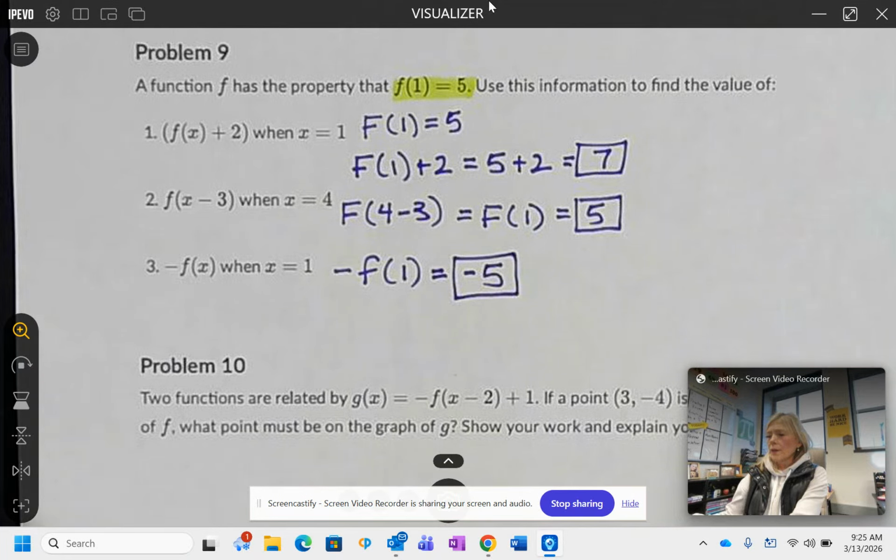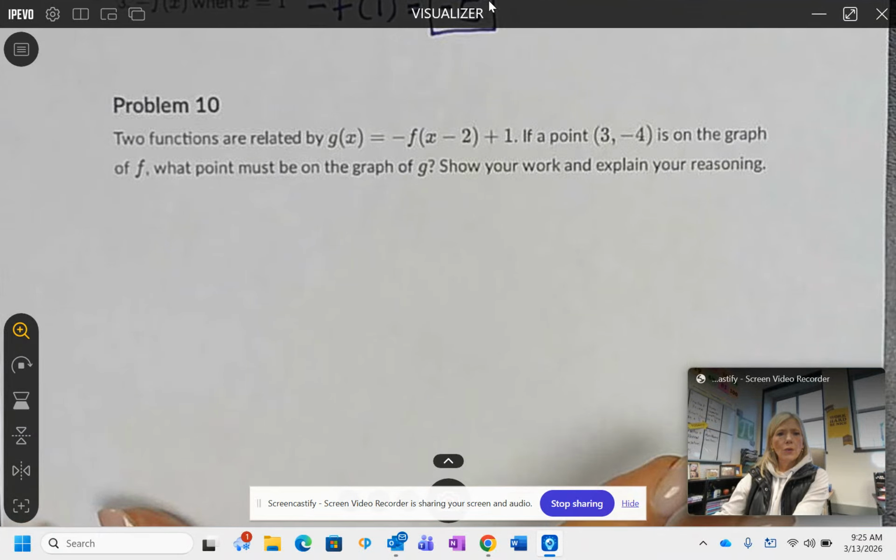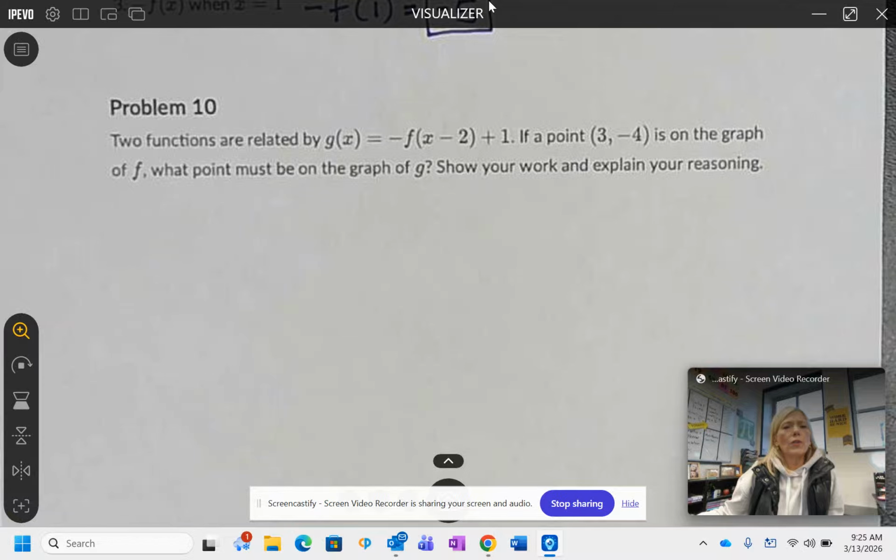All right, and then finally number 10. So the goal of number 10, what we're trying to find, is a coordinate, an ordered pair, an x value and a y value. So it says two functions are related by g of x equals negative f of x minus 2 plus 1. And then the point 3, negative 4 is on the graph.